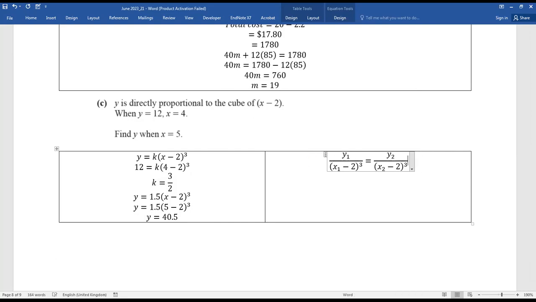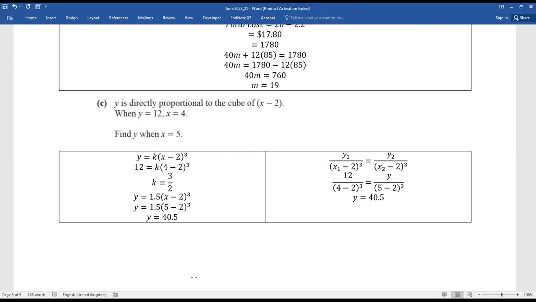We know that y1 is 12 and x1 is 4, minus 2 cubed, is equal to y2, which is what I need to find, and x2 is 5 minus 2. It is being divided over it. We go on the other side, we multiply, and y we get as 40.5. So this is another way to do the same question, two methods, whichever one you prefer, you can use that.